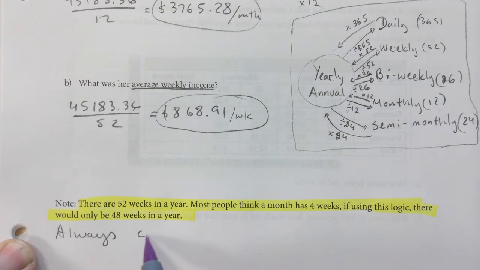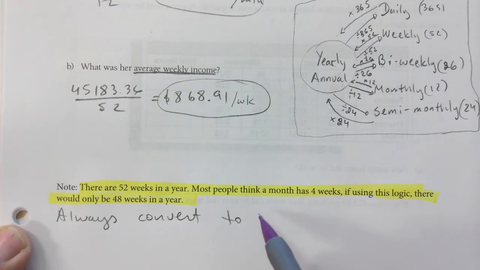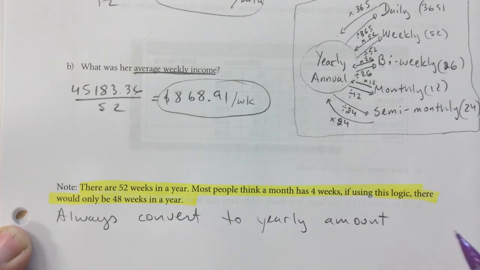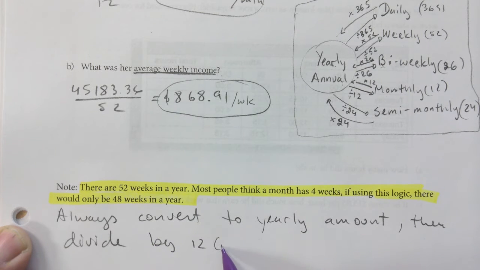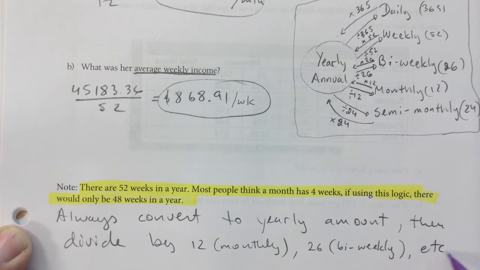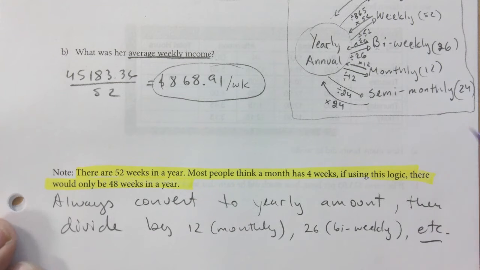Always convert to yearly amount, add this to your notes, then divide by 12 for monthly, 26 bi-weekly, etc. Basically the way you did it on the chart there.